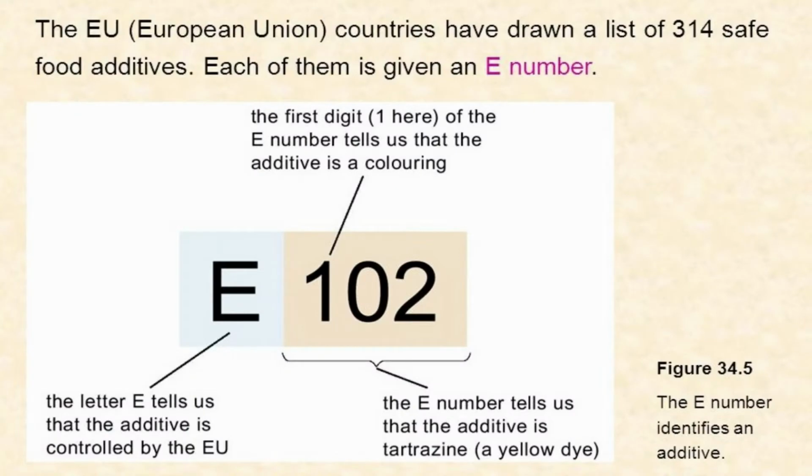An example of the code of additive is E102. In this example, E means the additive is controlled by the EU. The 1 means the first digit of the E number tells us that the additive is a coloring. 102 means the E number tells us that the additive is tartrazine, a yellow dye.